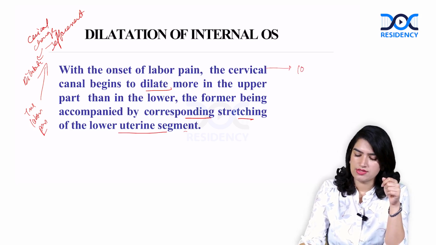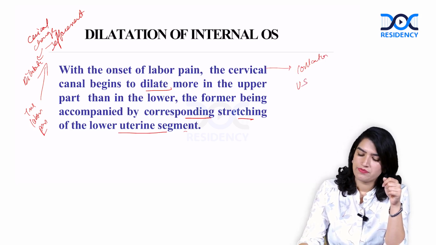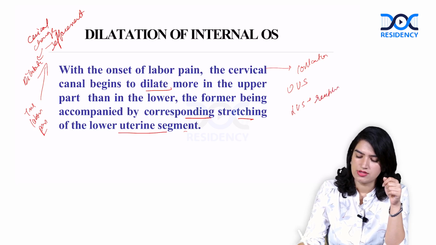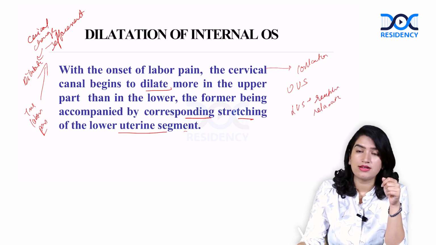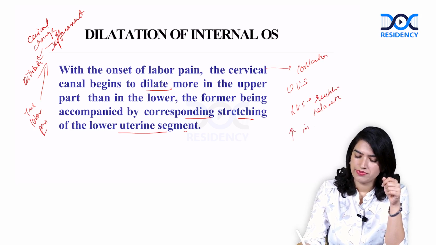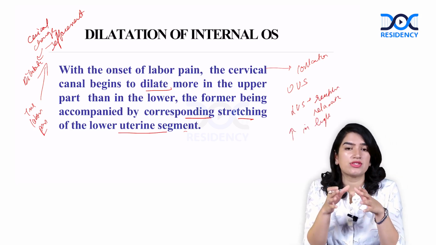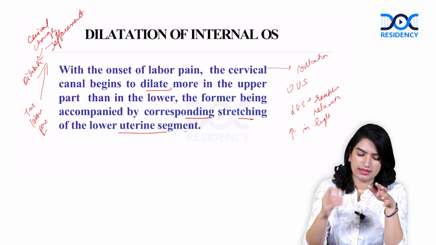When contractions begin in the upper uterine segment, the lower uterine segment undergoes a receptive relaxation. It starts to increase in length, and because of this, there is a stretching effect on the cervix.